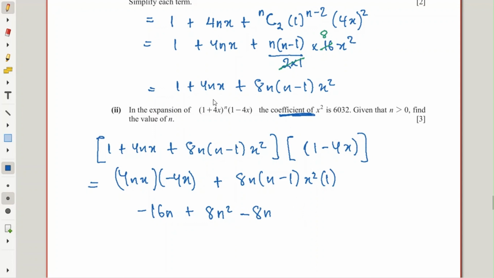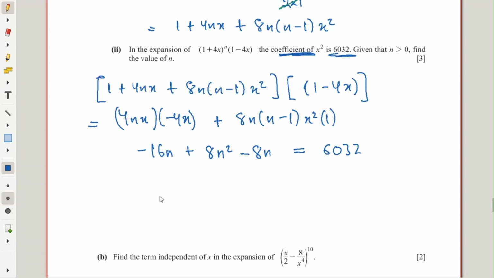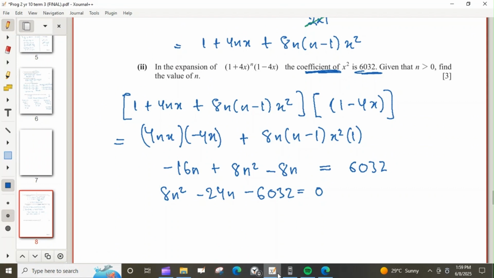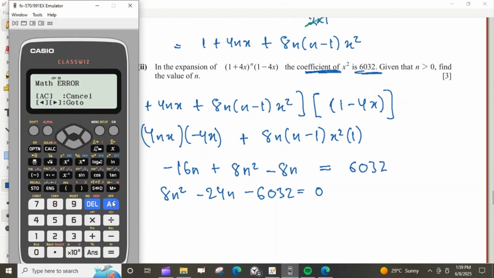Now they say the coefficient of x squared is equal to this, so the whole thing is equal to 6032. So you can see that you're going to get a quadratic. Quadratics are very important. Negative 16 plus negative 8, I'll get this. Very, very important in hard math. So here I've just picked my calculator. Calculator should save me.